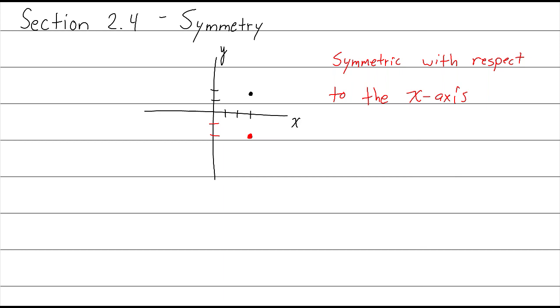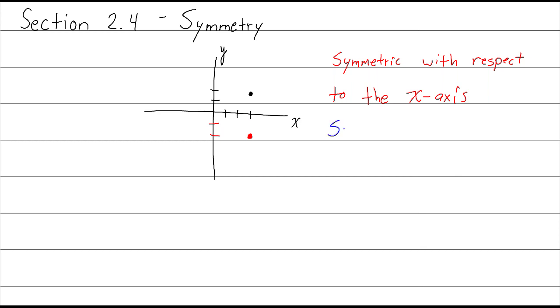It's symmetric with respect to the x-axis because if I look across the x-axis, I find the same point. It's been reflected, as if you look in a mirror. As you get closer to a mirror, the closer your reflection gets to you. So that's symmetric with respect to the x-axis.